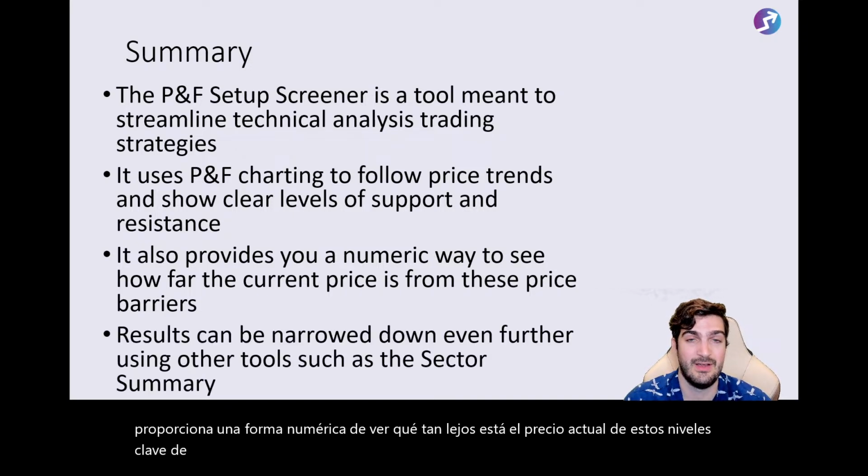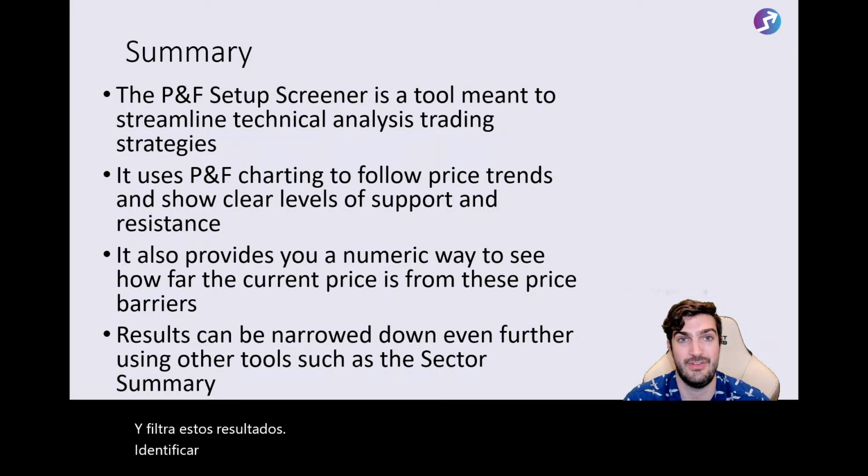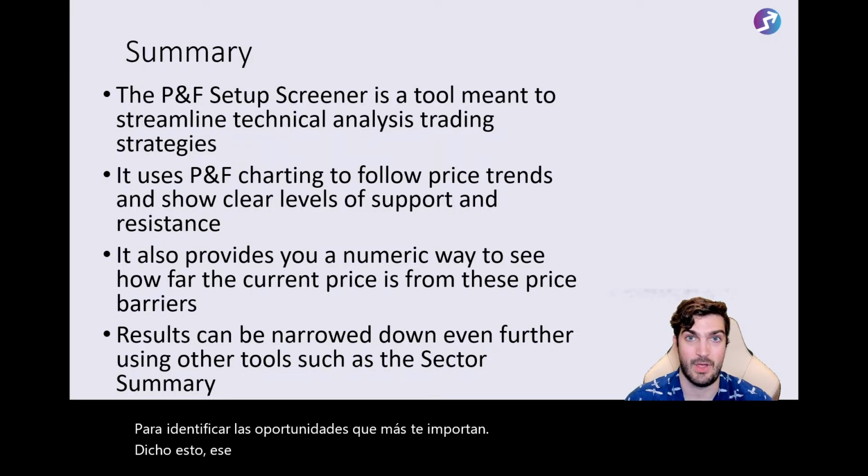And finally, it allows you to search through and filter down these results to identify the opportunities that matter the most to you. With that said, that is the introduction and walkthrough of our updated P&F Setup Screener.